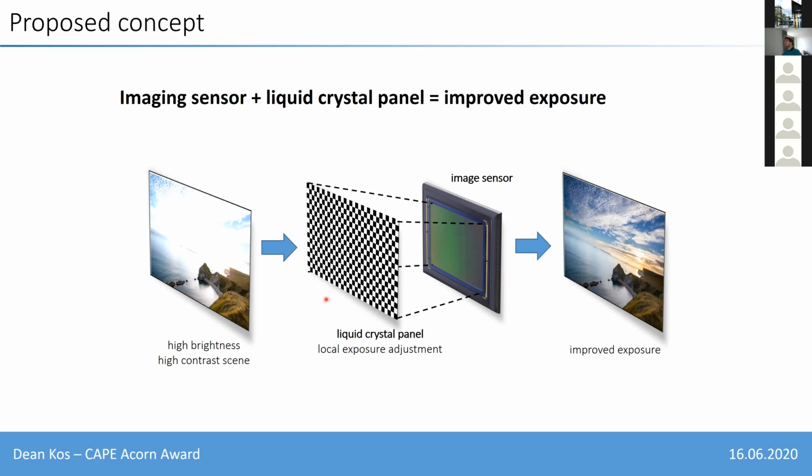If you can place a liquid crystal panel right in front of the imaging sensor, you could take a high brightness, high contrast scene and modulate the amount of light that hits the sensor on a pixel by pixel basis. So you would be able to get an improved exposure by setting the right pixels to different levels of dark, and get from a high brightness, high contrast scene to an optimum exposure. So how did I go about doing this?